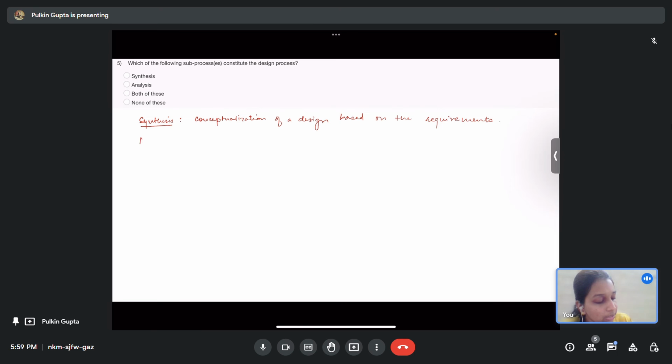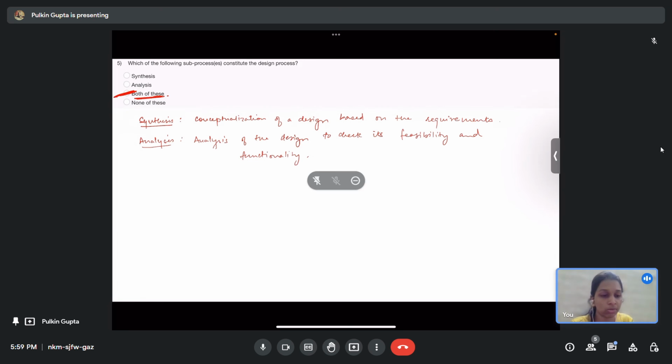And analysis is basically analysis of the design to check its feasibility and functionality. So both of these come under the design process.